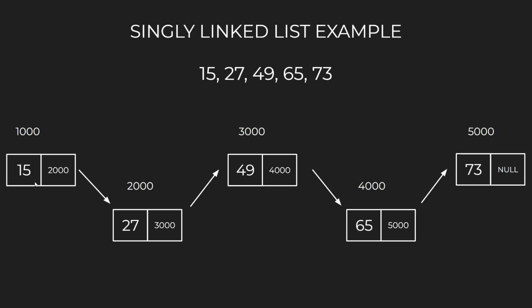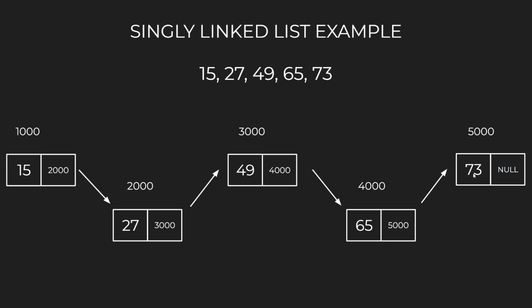So the first node is going to hold the first piece of information and the memory address of where the next node is. Then the next node will hold the second piece of information together with the address of the third node, and so on until we have reached our last bit of information that we want to save.